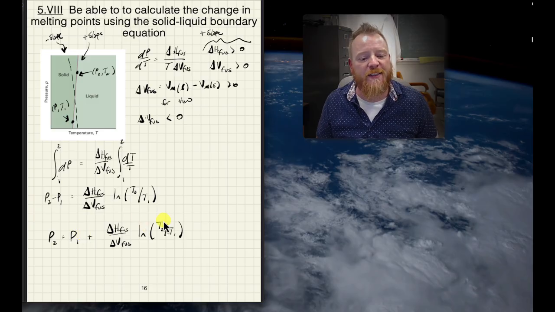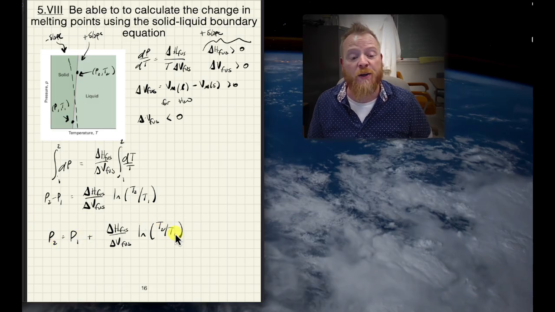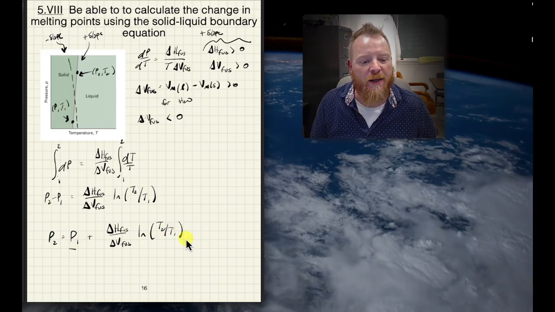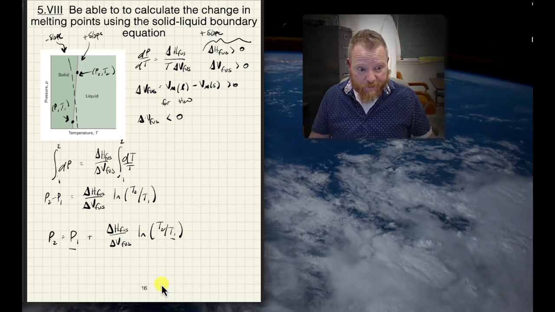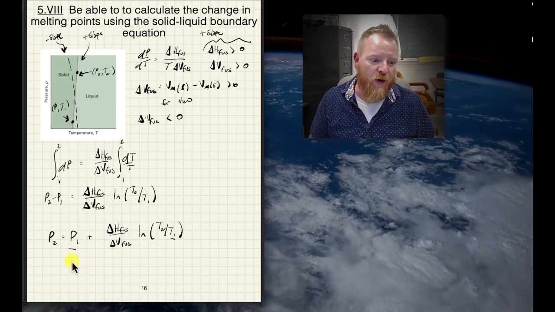P2 corresponds to T2 and P1 corresponds to T1. So my P1 and T1 are really a reference point. What we typically use for the solid liquid boundary is the triple point for that reference point.